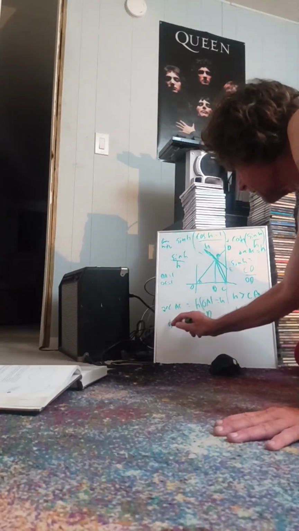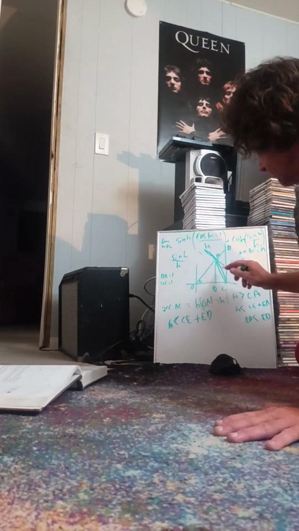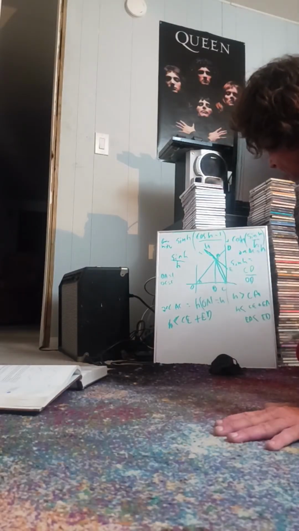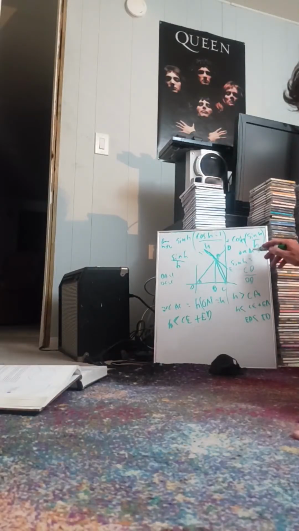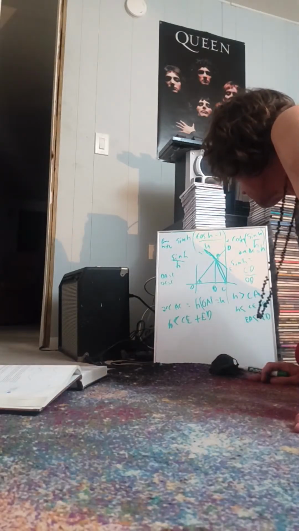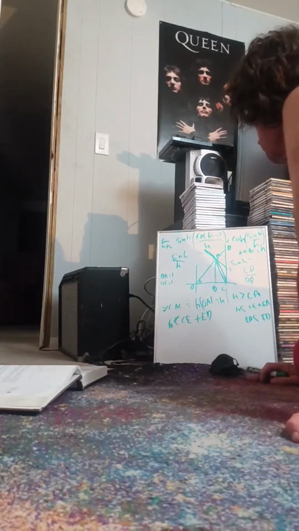H is less than CE plus ED. Yeah, so H is less than this, but yet H is the arc of AC, which is H.